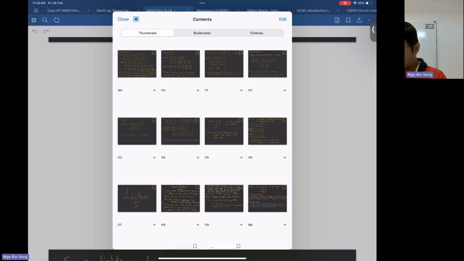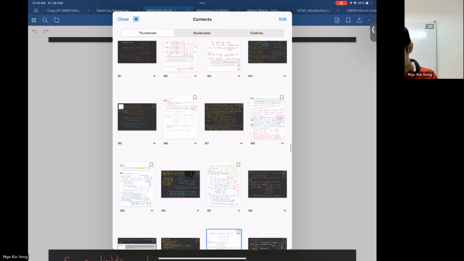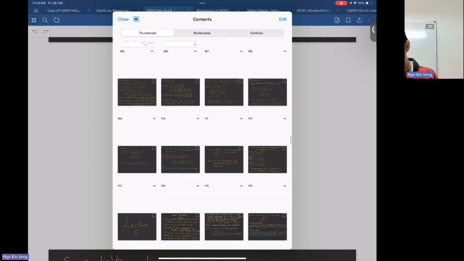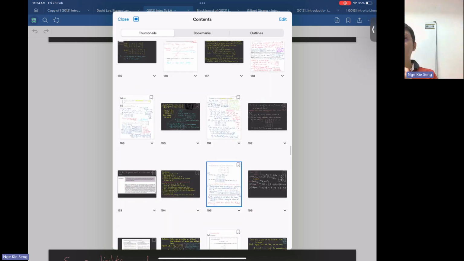Okay, if everyone is ready, can you arrange your rows properly, as we said last time? Keep your notes and your electronic devices: iPad, handphone, laptop.